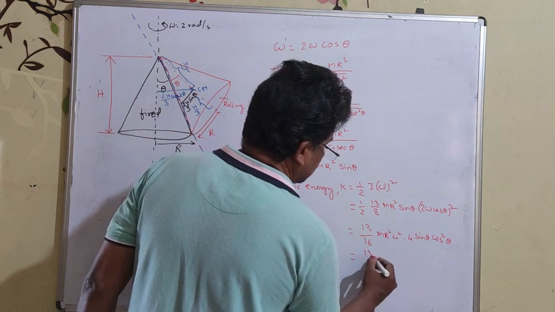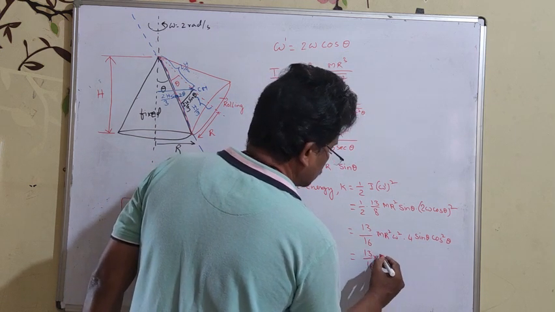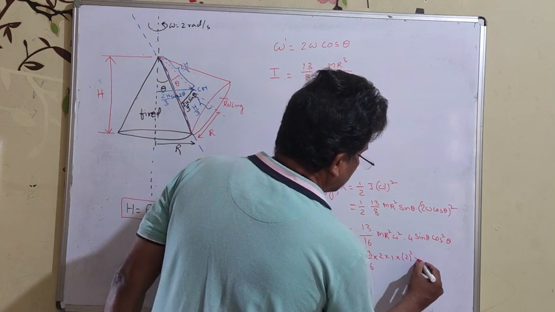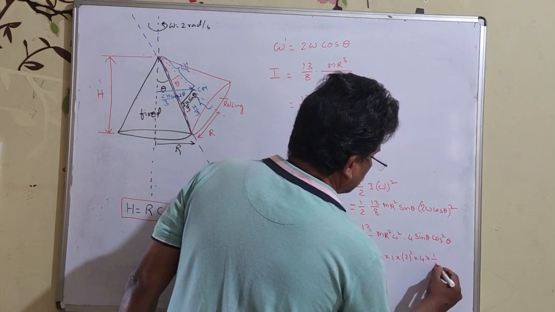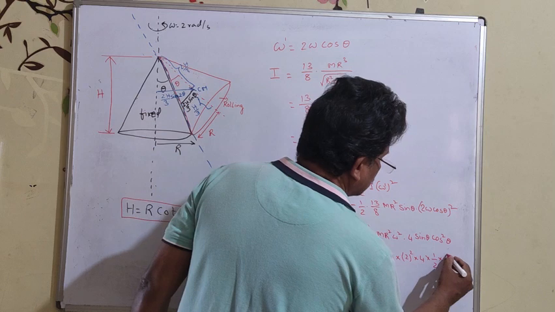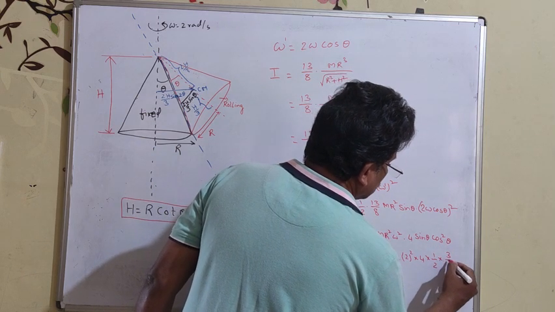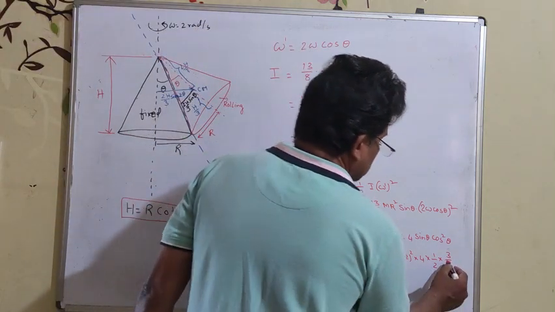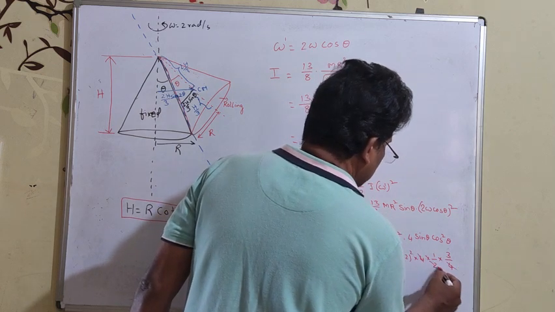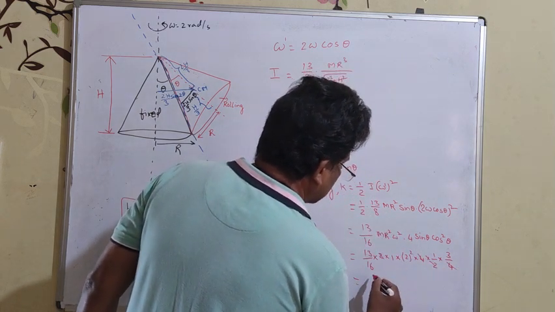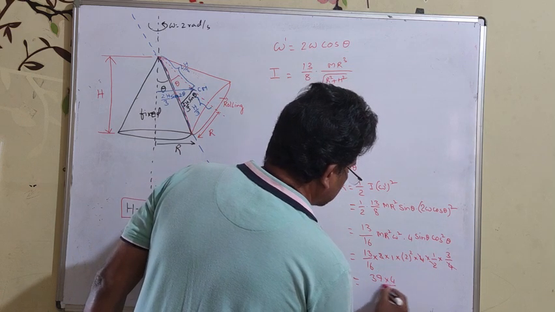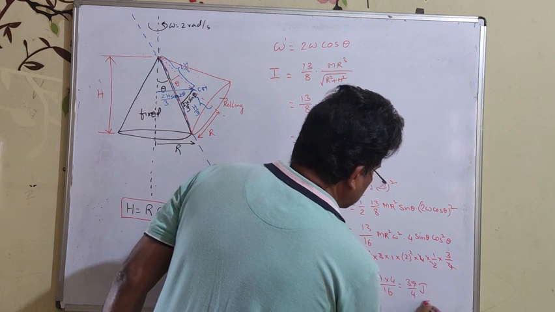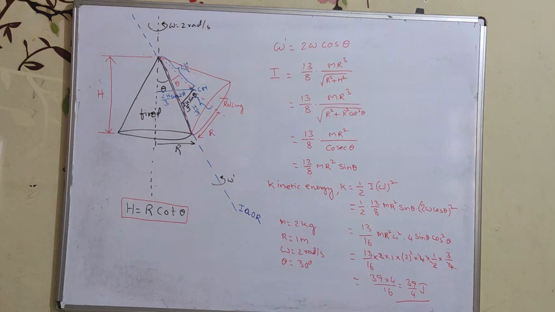Then we get 13 by 16 into M, 2 kilograms, r 1, omega 2 square, into 4 into sin 30, 1 by 2. Cos 30 is root 3 by 2, but cos square 30 is 3 by 4, not root 3 by 2. So in this, the terms cancel, 4 and 4 cancel, this 2 and 2 cancel, then it is 39 into 4 divided by 16, which is equal to 39 divided by 4 joules. This is the kinetic energy of the rolling cone.